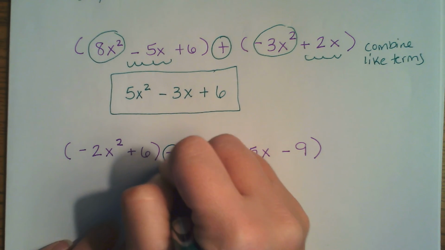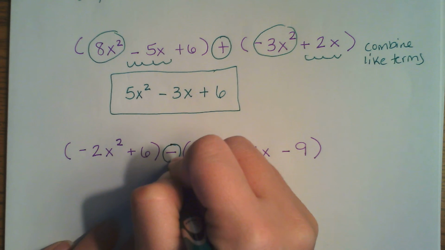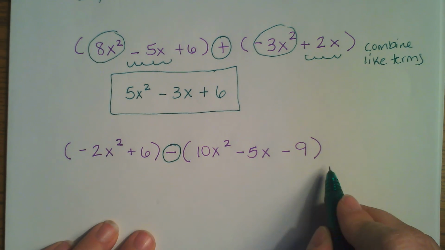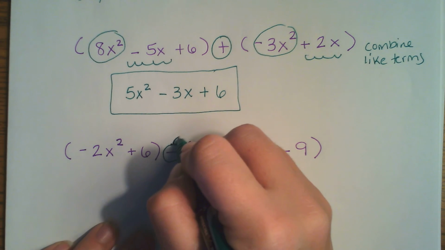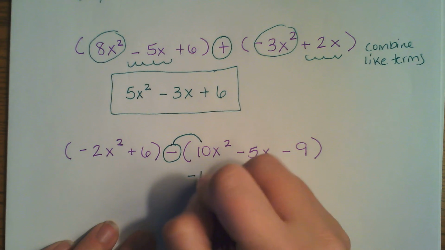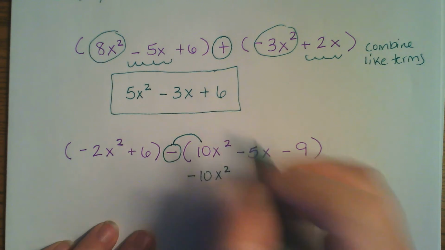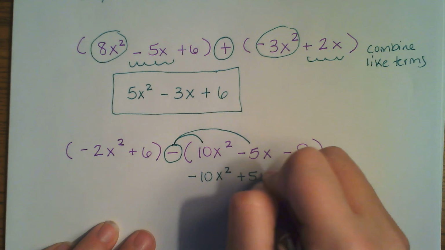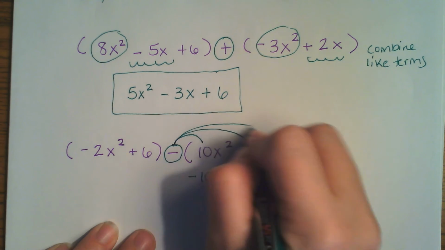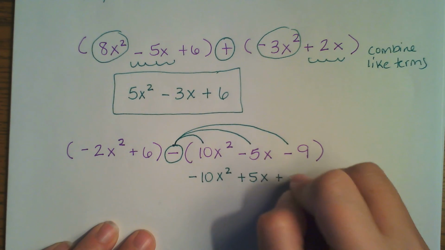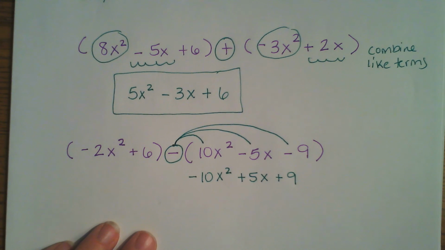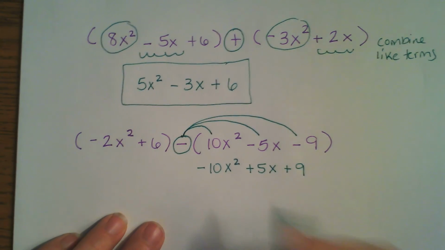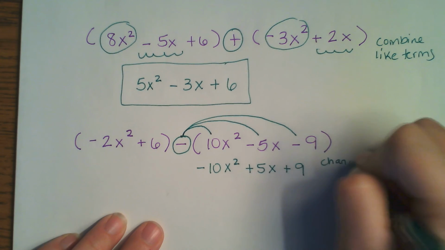So when it's subtraction, this is actually like a -1 sitting in front of this parenthesis. So you have to make sure to distribute it to the 10. That becomes a -10x squared. To the -5, which becomes positive 5x. And to the 9, which will become positive 9. So it's going to change all of those signs.